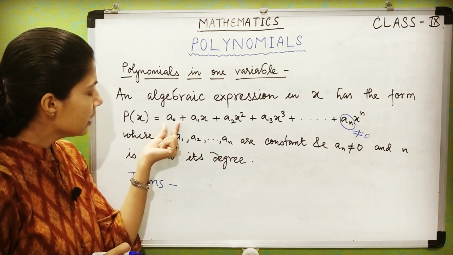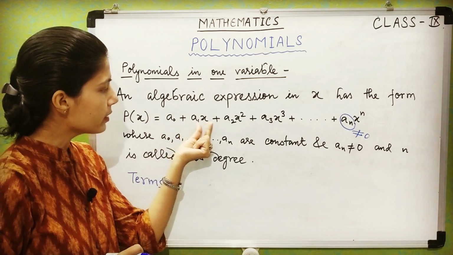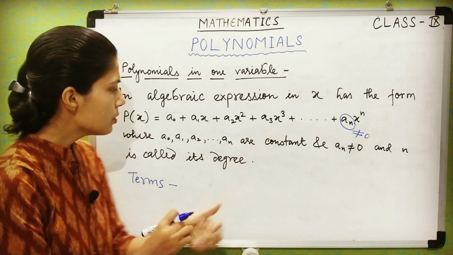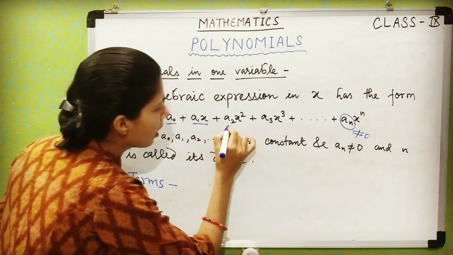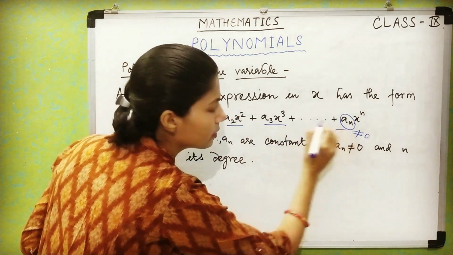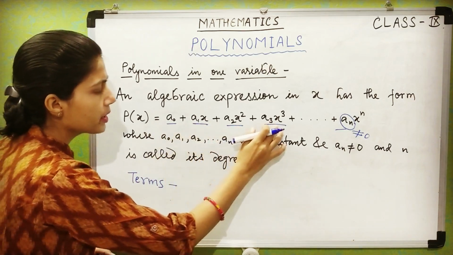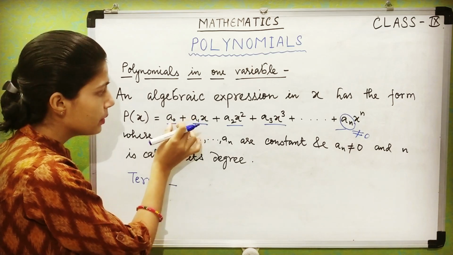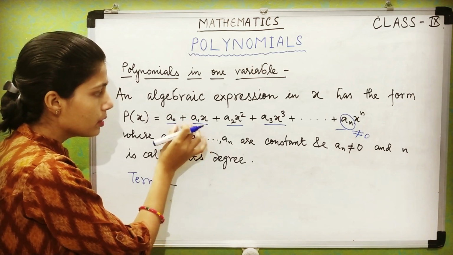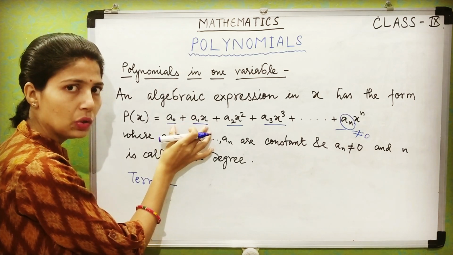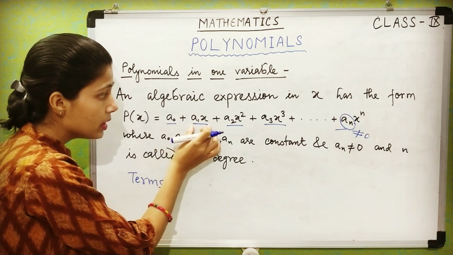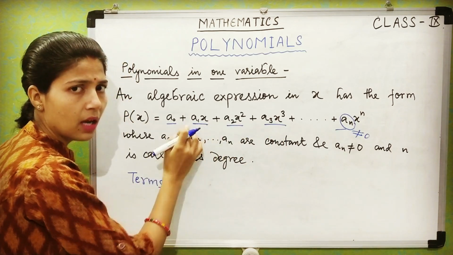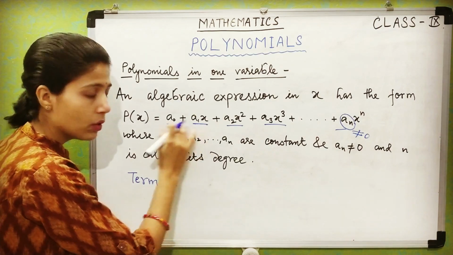As you can see here, a0 plus a1x plus a2x square plus a3x cube. So these are what? Algebraic expressions. These all are algebraic expressions and you are adding them. So this add sign is between two algebraic expressions. So this sign is separating two algebraic expressions. So these algebraic expressions which are separated by this plus sign are all terms of this polynomial.